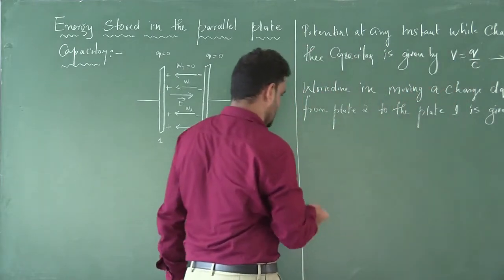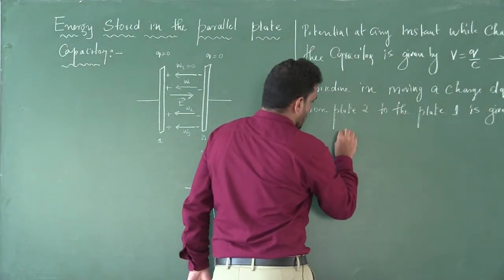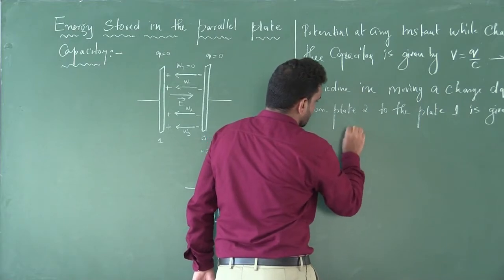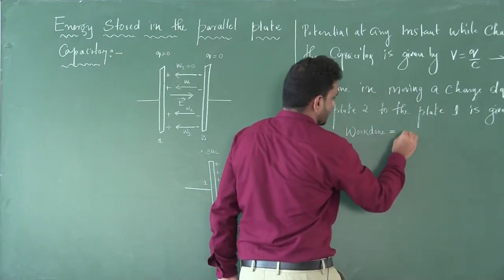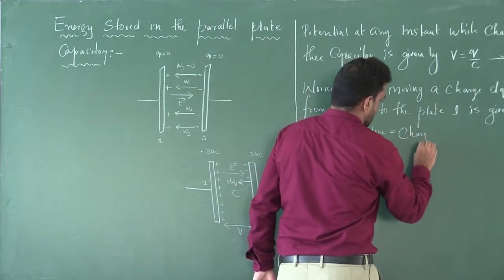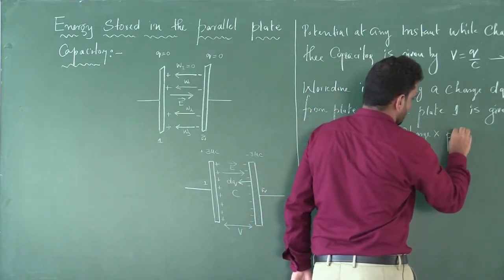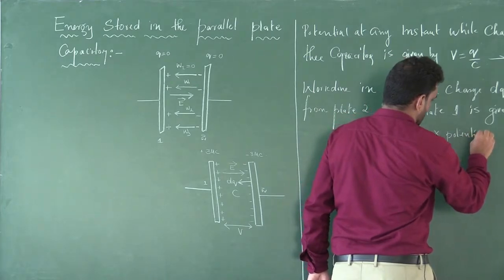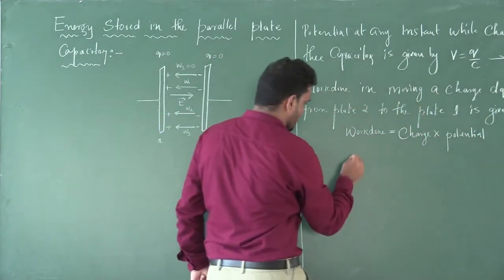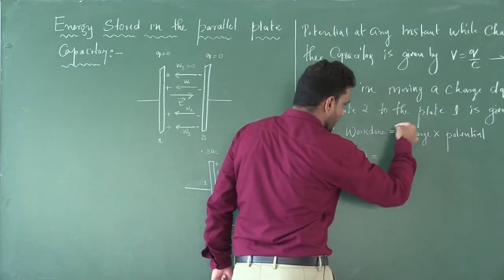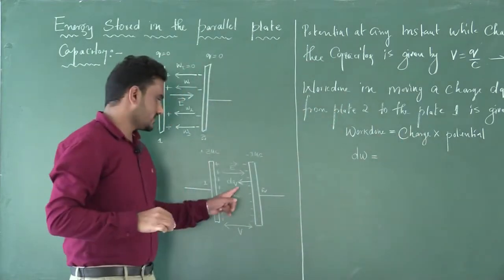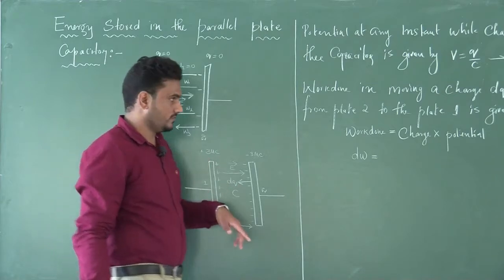We have an equation: work done is equal to charge into potential. Then in the place of work done, I can write dW is equal to charge. What is the charge I am transferring here? dQ.